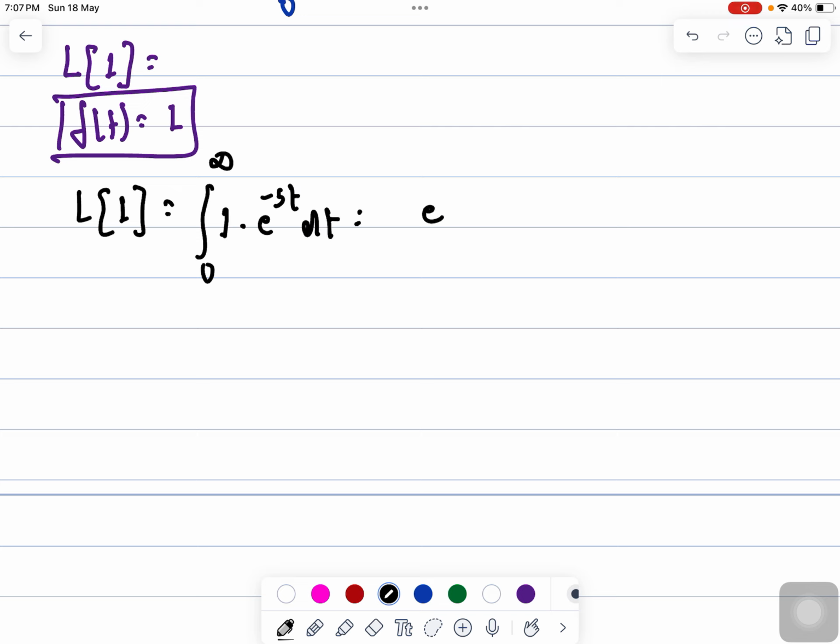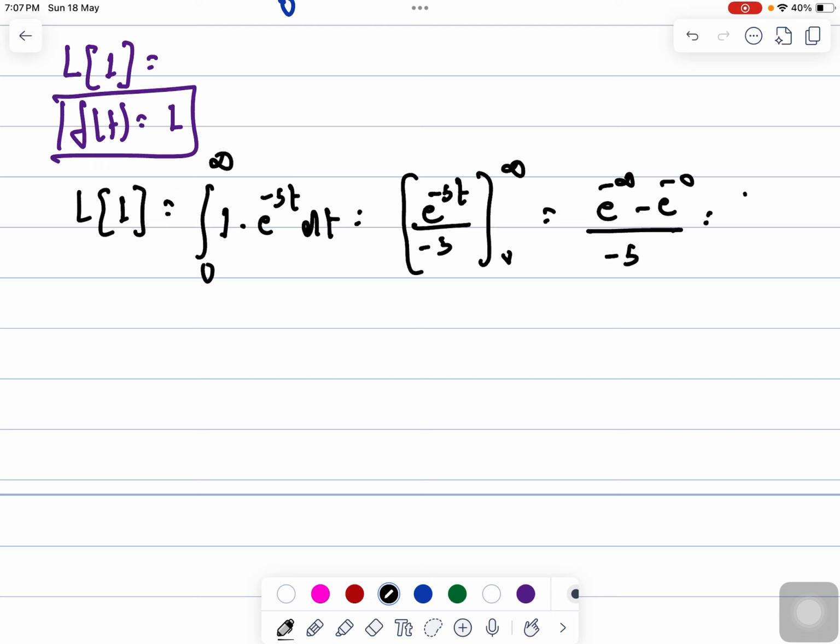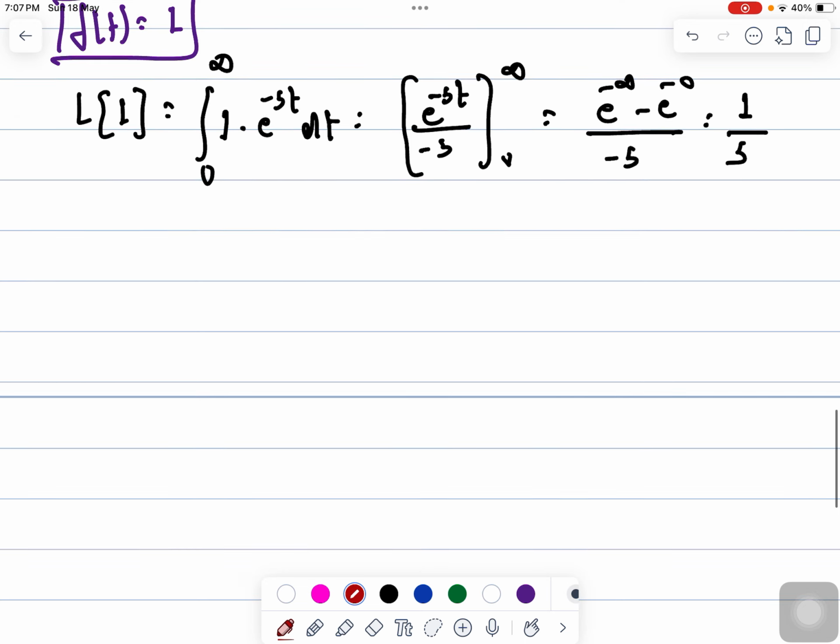If I integrate this, I get e to the power minus st divided by minus s, from 0 to infinity. That is e to the power minus infinity minus e to the power minus 0, divided by minus s. So finally you get 1 upon s. So the Laplace transform of 1 equals 1 by s, and 1 can also be written as t to the power 0.